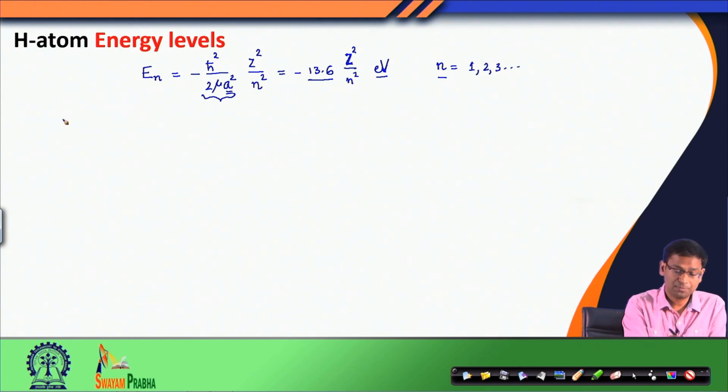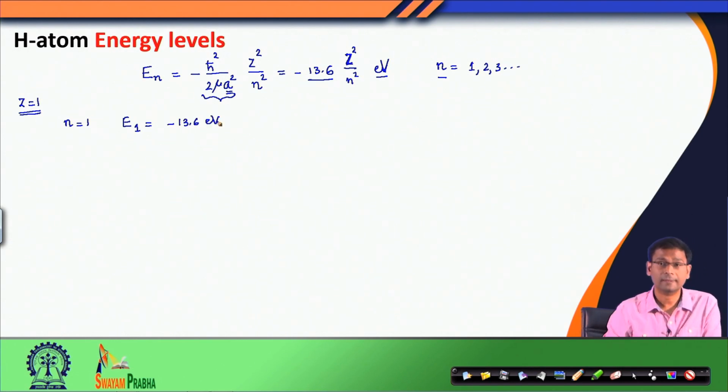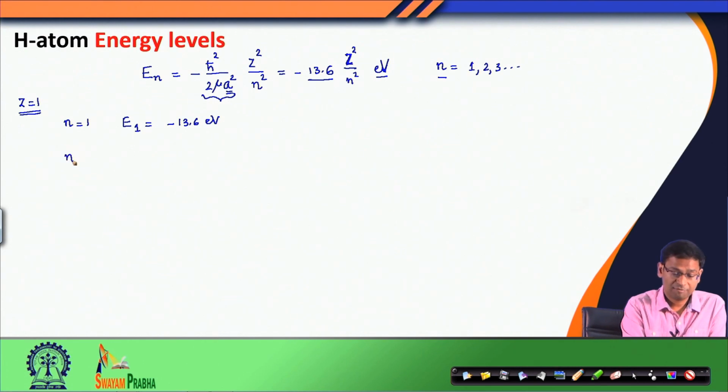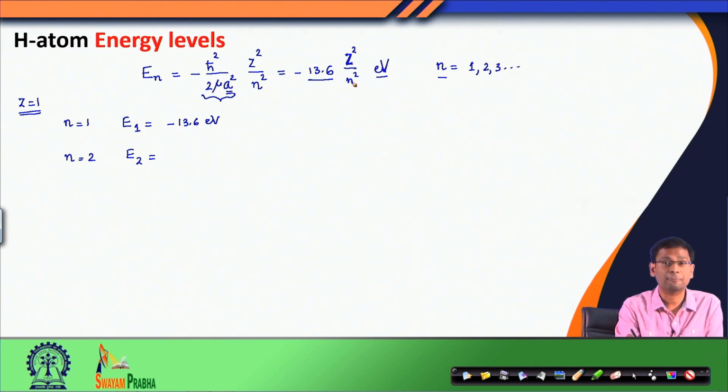So, suppose now I put n equals 1. Before that, let us say I am considering the hydrogen atom, therefore z is equal to 1. When I put n equals 1, this energy level E 1 would turn out to be simply minus 13.6 electron volt. Similarly, if I use n equals 2, the second energy level I would get as minus 13.6 divided by 4.